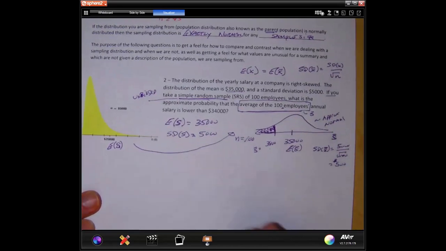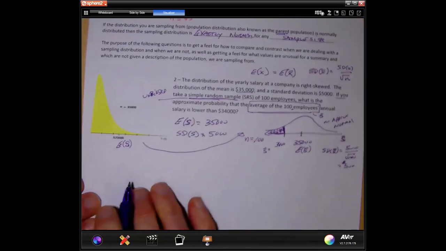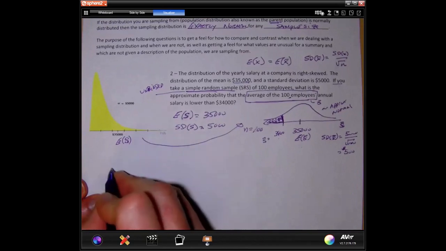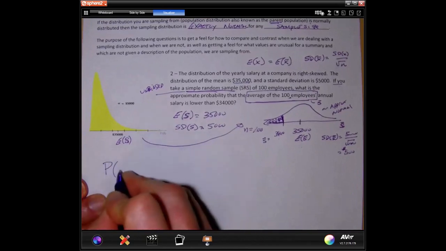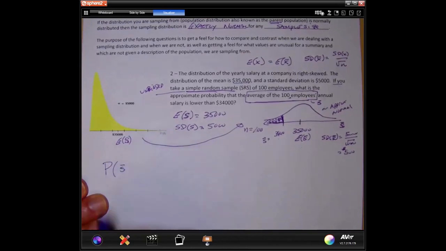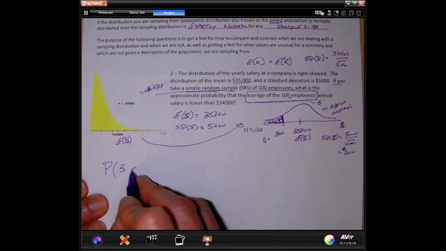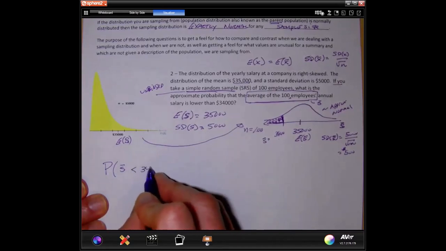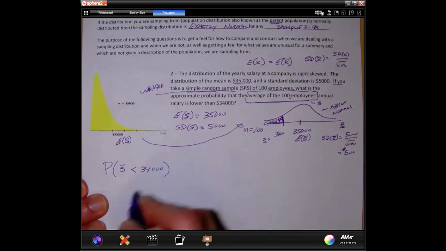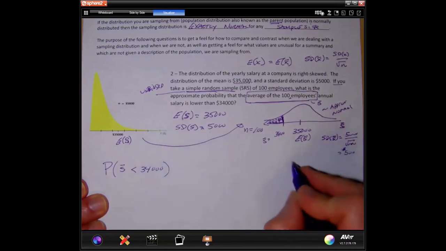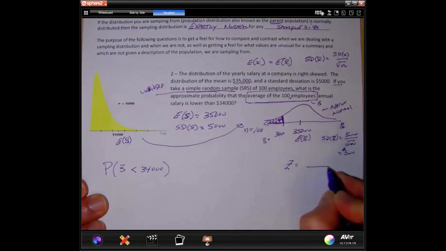Fantastic. So now I'm going to do the same thing we did when we were calculating normal probabilities. I'm going to set this up. What's the chance that my average of the 100 numbers is less than 34,000? That's the question. Let's just do a calculation.